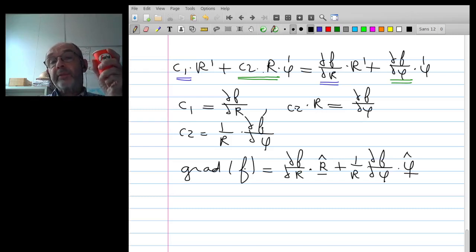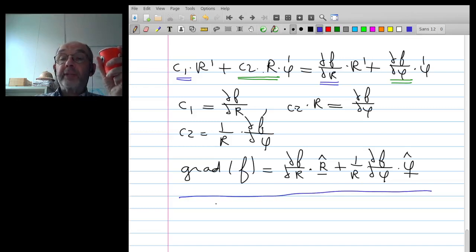So if you have a function of r and phi, here we see what we have to do to calculate its gradient, with the variables r and phi.